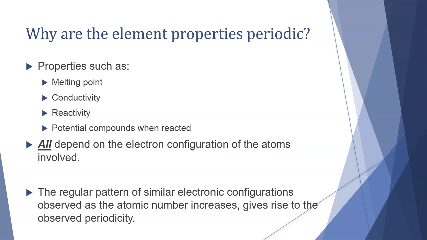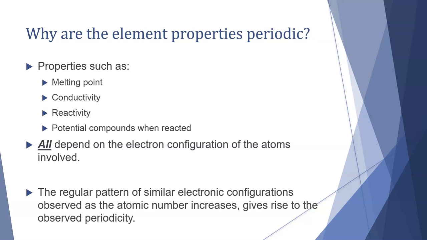So with this, we need to wonder why the elements' properties are periodic, i.e., why do we see this repeating pattern where we can put them into 18 columns, or that every 8 valence electrons we seem to see a repeating pattern of the properties. These properties that we see periodic trends in include melting point, conductivity, reactivity, and the type of compounds they form when reacted together.